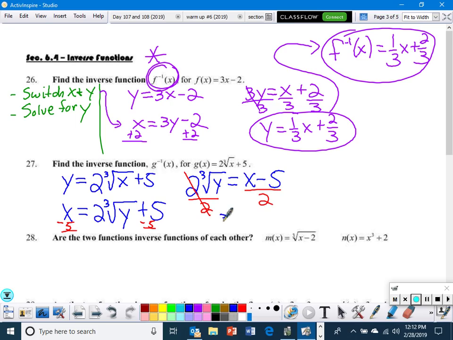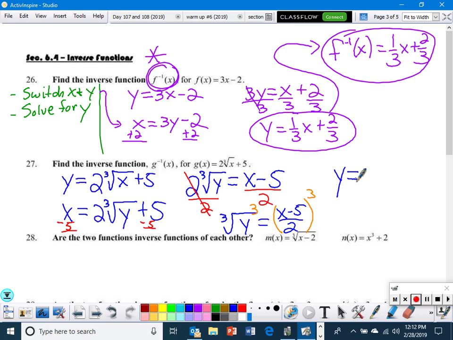So we have the cubic root of y equals x minus 5 over 2. All right, now how do you get rid of a cubic root? Okay, well, to undo a cubic root, we have to cube both sides. And make sure you put the right side all in parentheses. Okay, so the cubic root and the cube cancel each other out, so we're left with y.